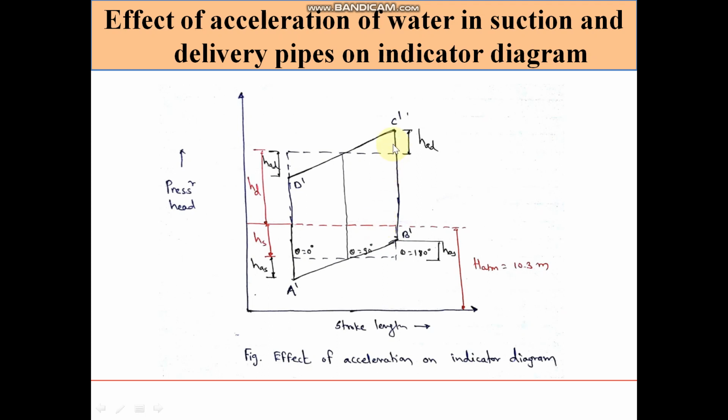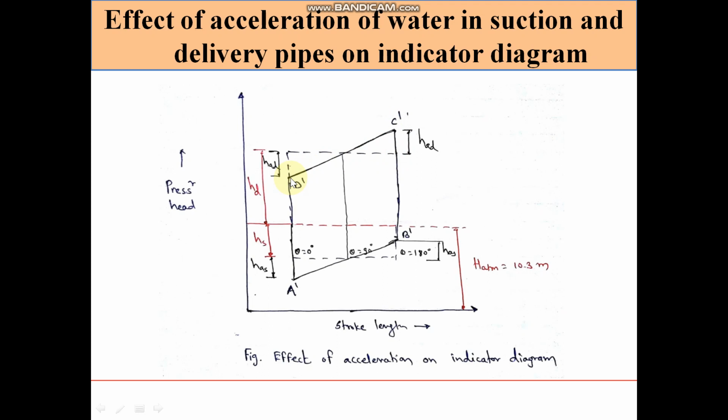Similarly, what happens in the delivery stroke? At the beginning of delivery stroke, fluid has to accelerate. So to create that acceleration, the pressure difference between water in the cylinder and water in the delivery pipe should be more. So here the additional acceleration head is shown.